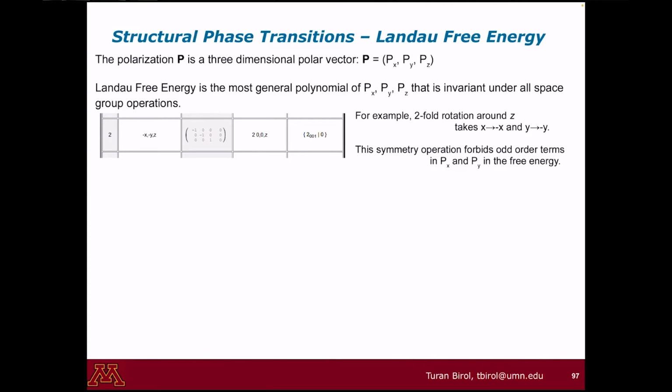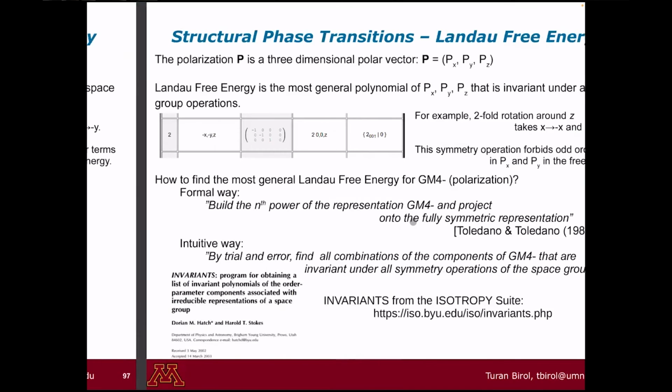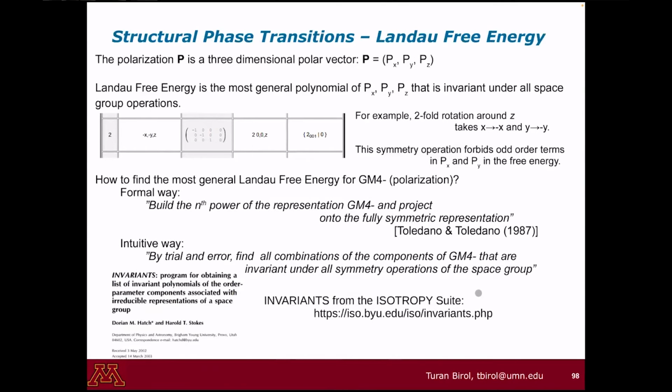There are axial vectors, polar vectors, whatnot. The polar vector, what we shortly just call vector, is really just a gamma 4 minus in a cubic system. So it is a specific representation of the point group or the space group, okay? And the way to see this is that when you look at the polarization, it does transform as a vector under all space group operations. But anyway, let me skip ahead and tell you about a tool called invariance.